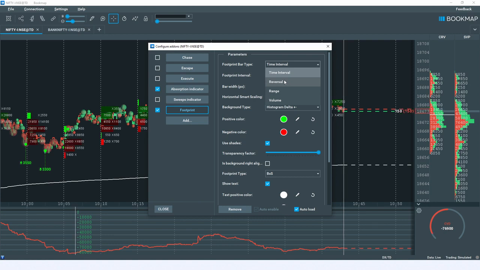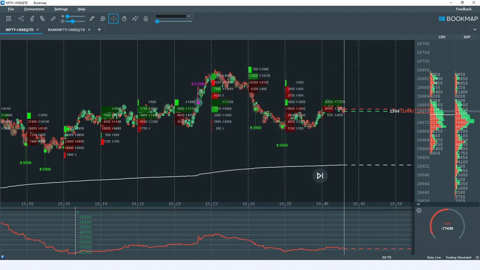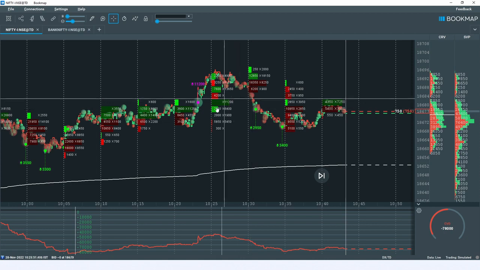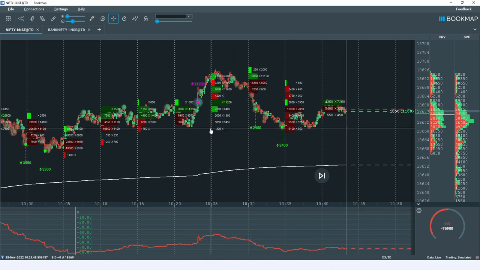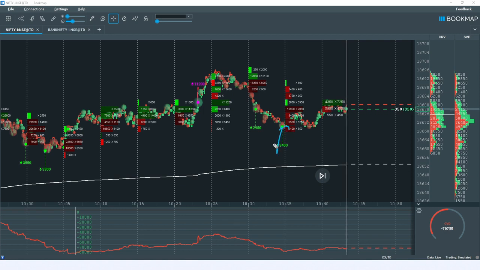There is a question. I will take the question first and after that I will explain that feature. Can the footprint add-on be combined with any other Bookmap advanced add-on for better analysis of Nifty and Bank Nifty, or is it standalone? You can use it as a standalone indicator combined with price, but the better way, which I prefer, is to use the absorption indicator along with the footprint.